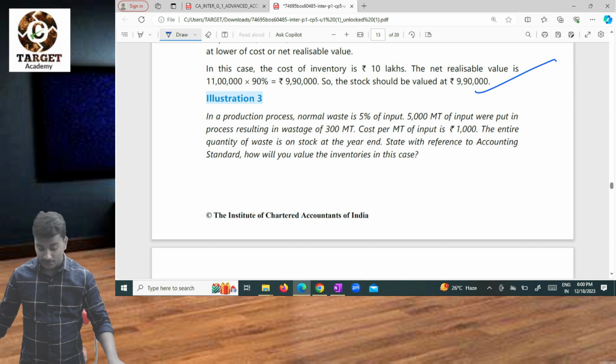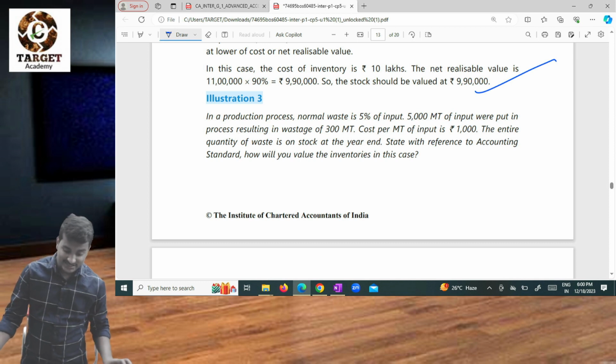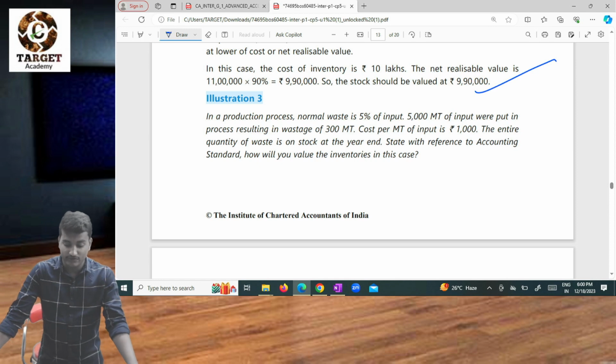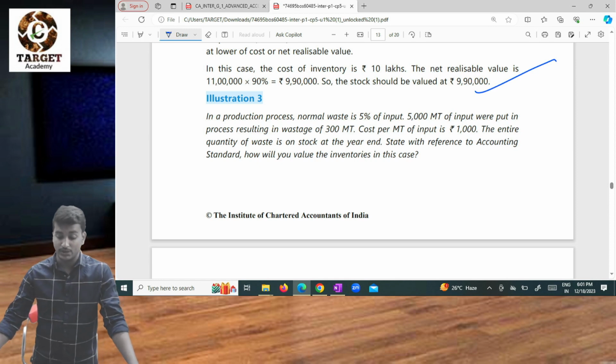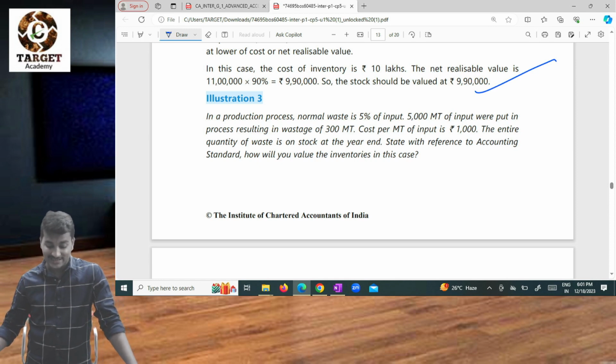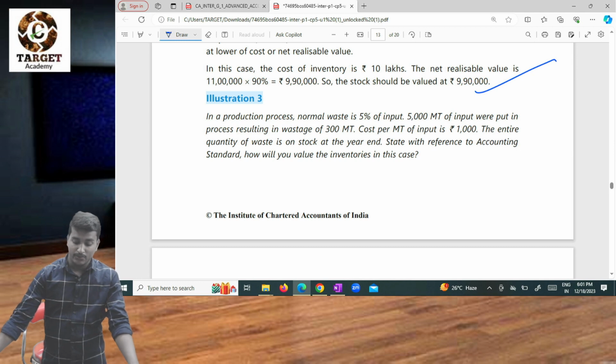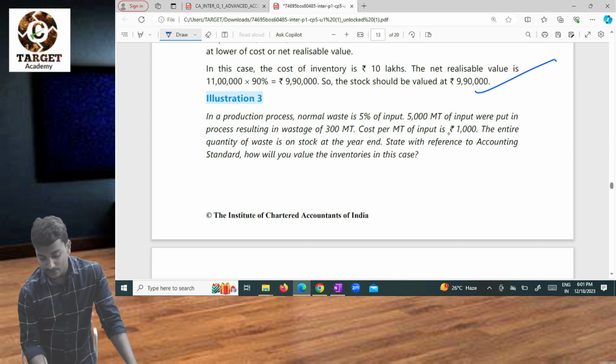In a production process, normal waste is 5% of input. 5000 MT of input were put in the process, resulting in a wastage of 300 MT. Cost per 1 MT of input is 1000 rupees.